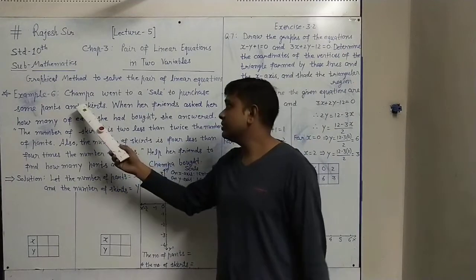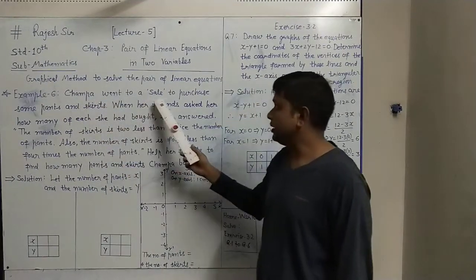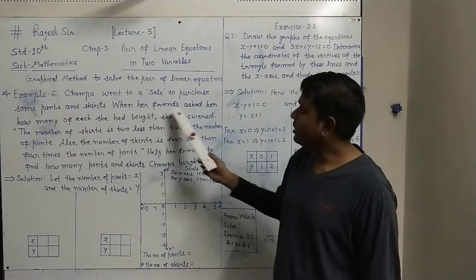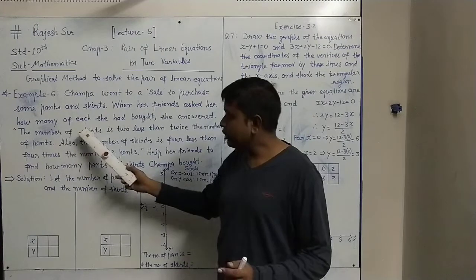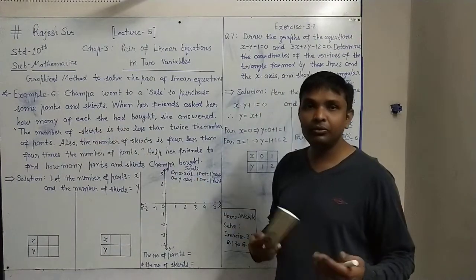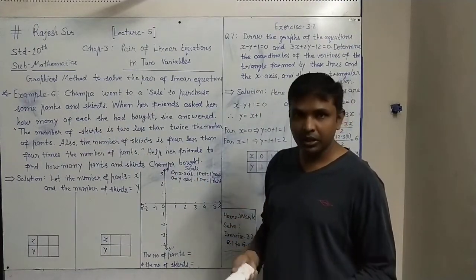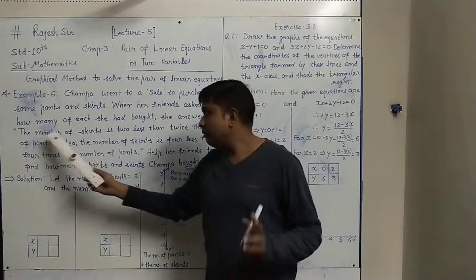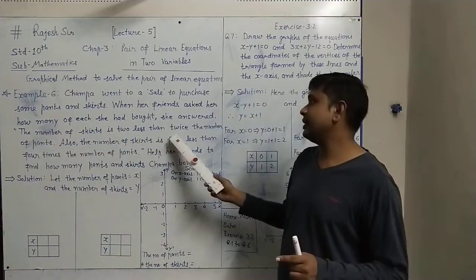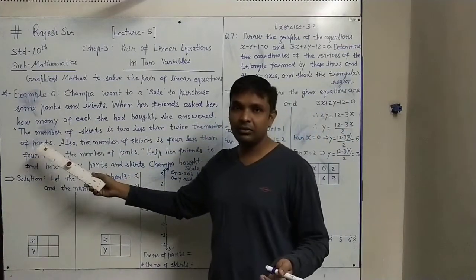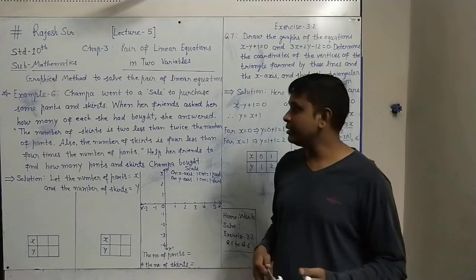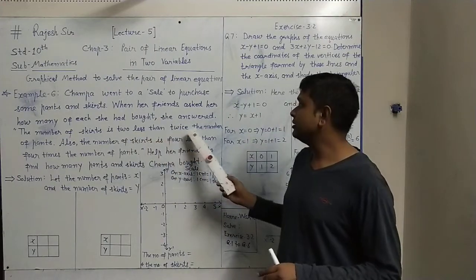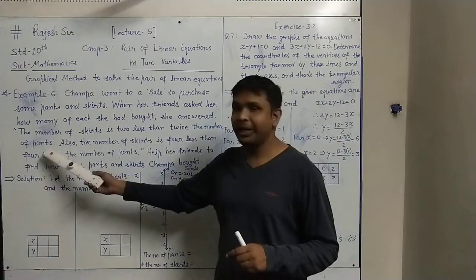The question is: Champa went to a sale to purchase some pants and skirts. When her friends asked her how many of each she had bought, means how many pants and how many skirts, she answered: the number of skirts is two less than twice the number of pants.